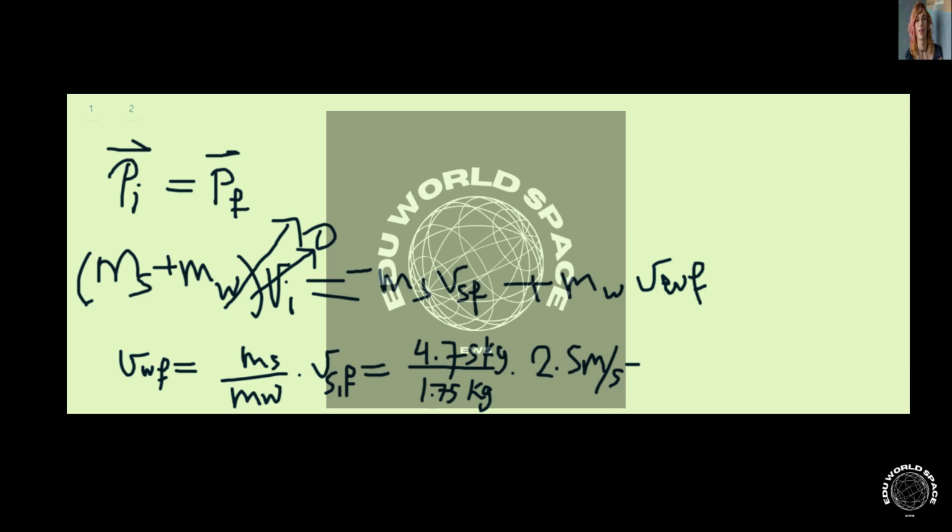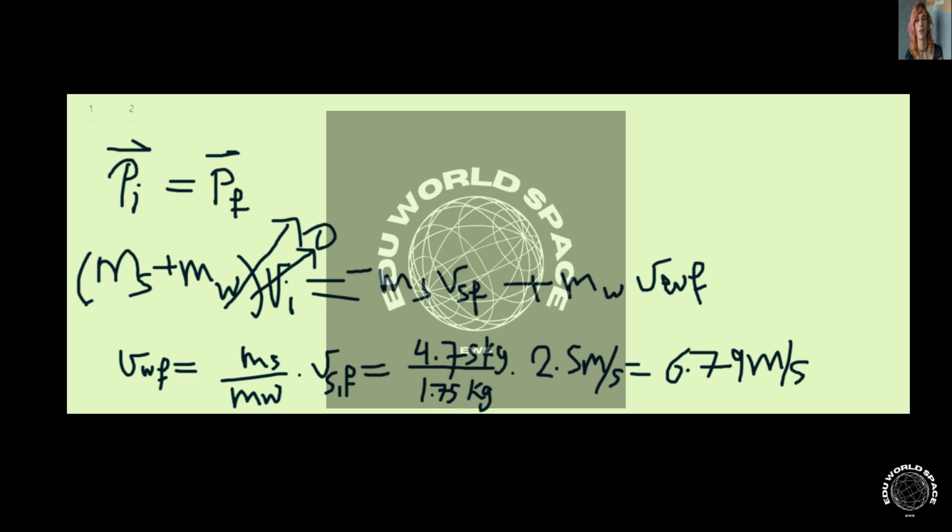When you plug in these numbers into your calculator, you find that the speed of the expelled water is 6.79. And don't forget the units, meter per second.